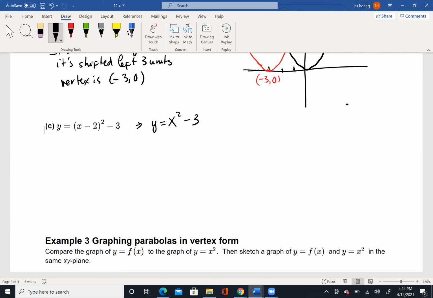And then from there, you just shift to the right 2 units.